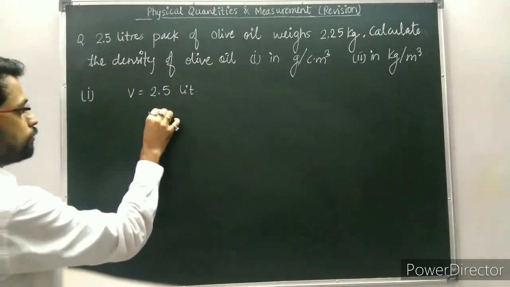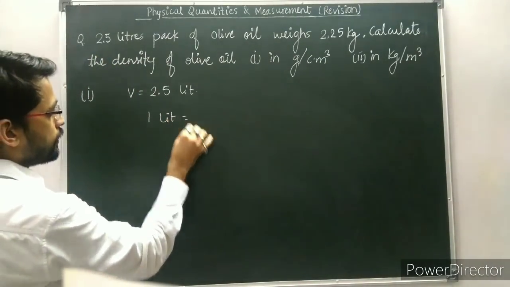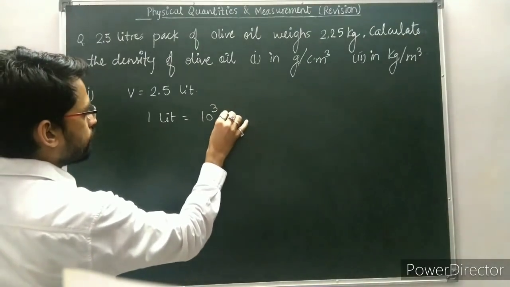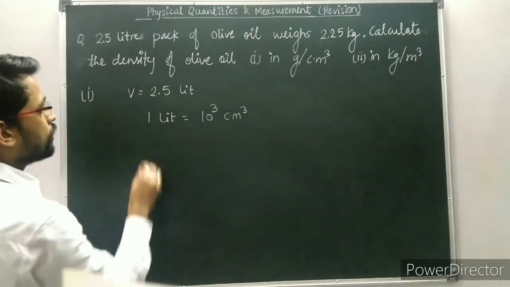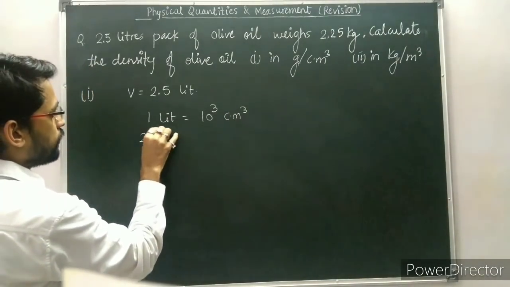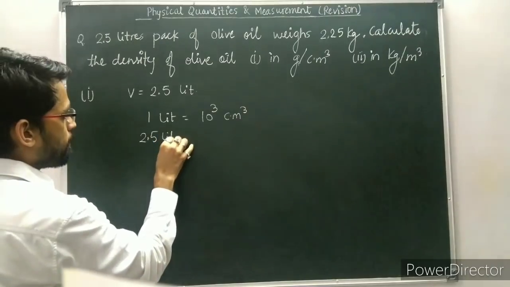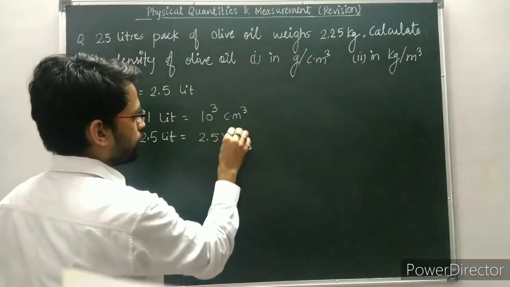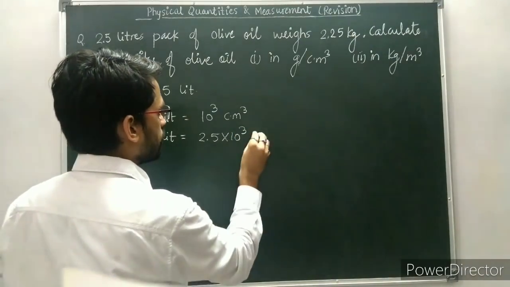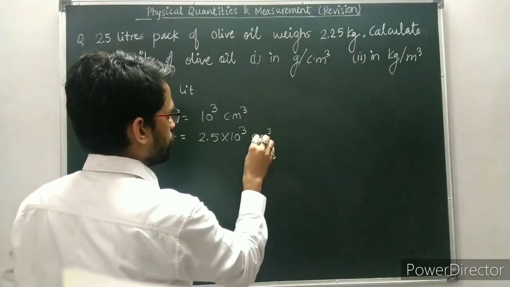Since we know that 1 liter is equal to 10 to the power 3 centimeter cubed, so 2.5 liter is equal to 2.5 into 10 to the power 3 centimeter cubed.